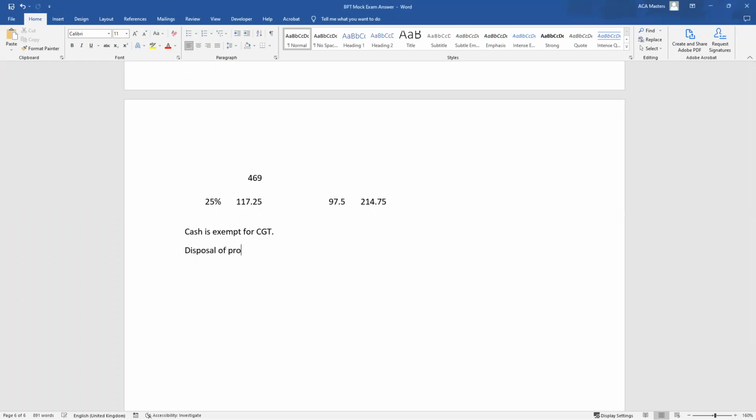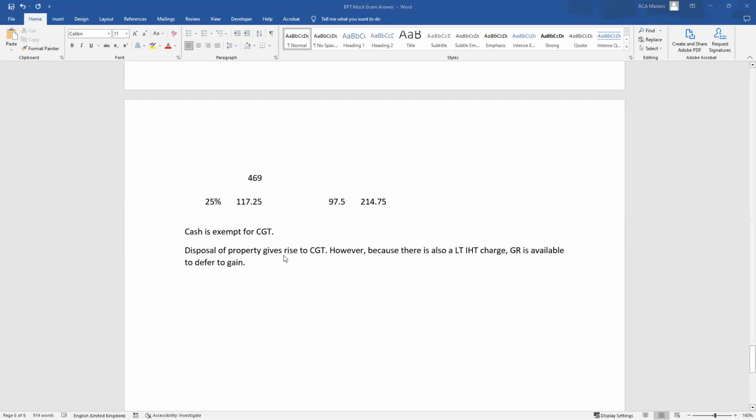disposal of property gives rise to CGT. However, because there is also a lifetime IHT charge, gift relief is available to defer the gain for CGT.